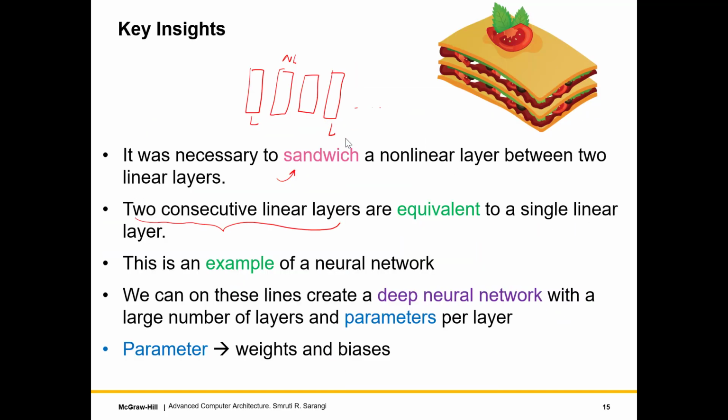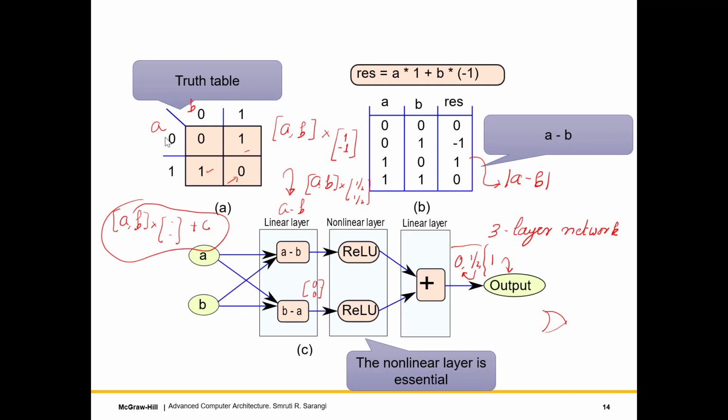In this case, we say that this is a deep neural network, and we have a large number of layers, and we have these parameters, which we have also referred to as weights and biases in the past. So a parameter is basically a combination of these weights and biases, essentially all the constants, all the numbers that determine the behavior of the network, as we just saw. So it's the weights plus the biases, right?